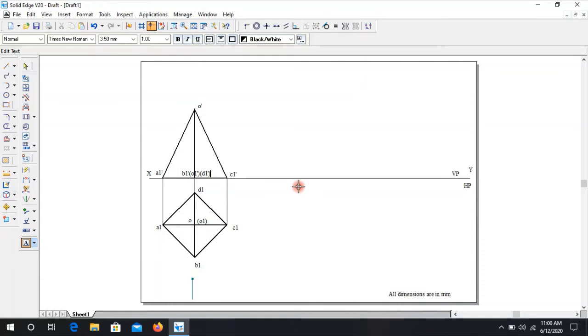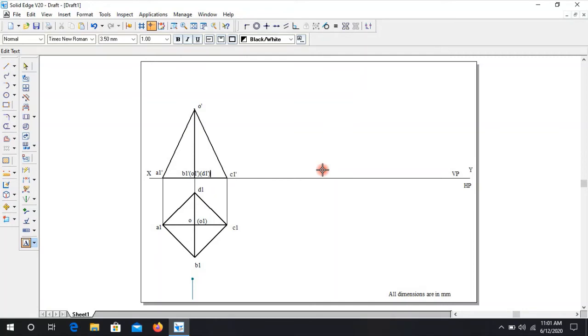In the second step, it's given that the axis is making 40 degrees with respect to HP. We have to consider axis inclination with respect to HP in the second step. In the question, it is clearly mentioned that the axis is making 40 degrees with respect to HP. So you have to copy the same diagram from the first step to the second step, but before copying, we have to find out what the base inclination is.